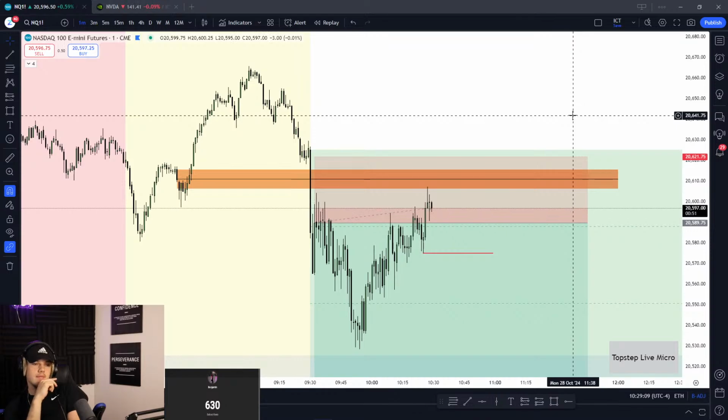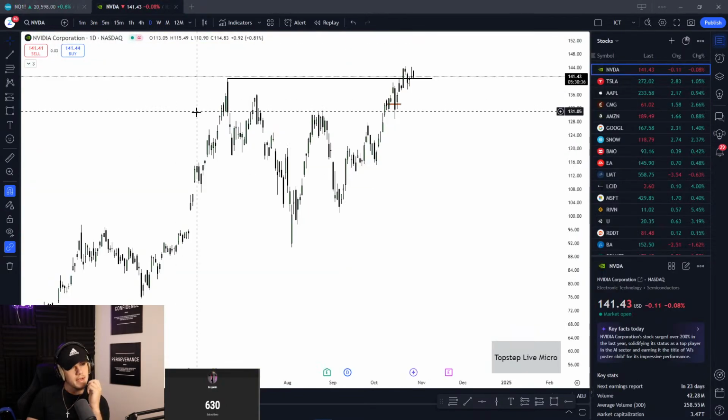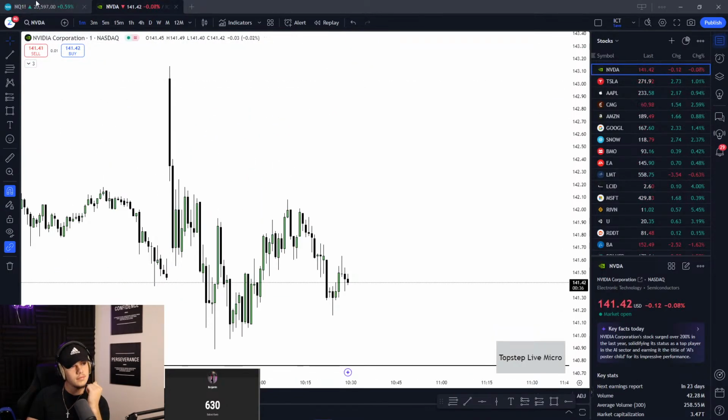Formed a swing high. Nvidia's back down to the negatives, which is good.